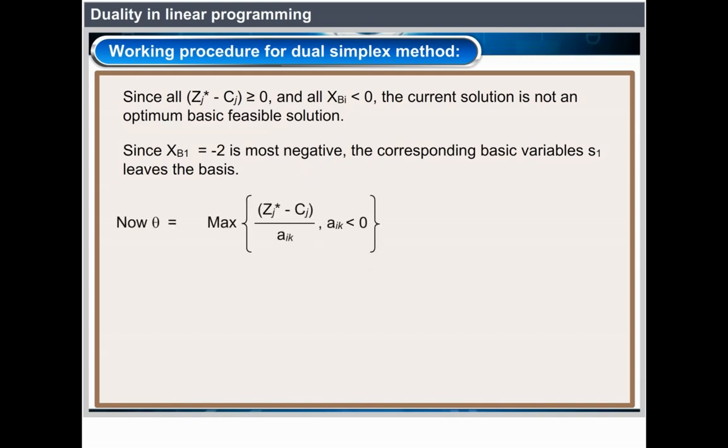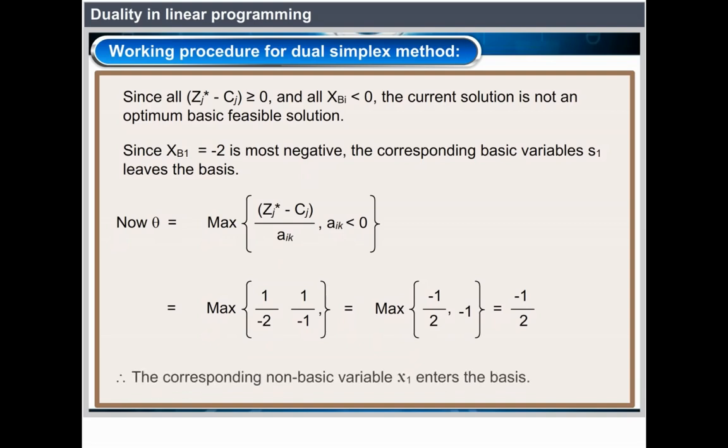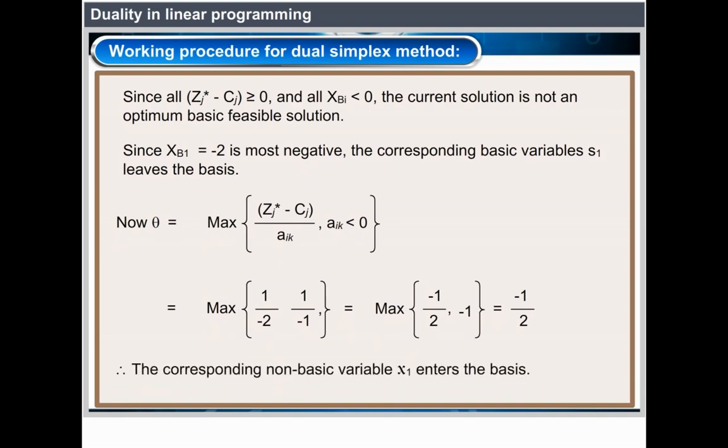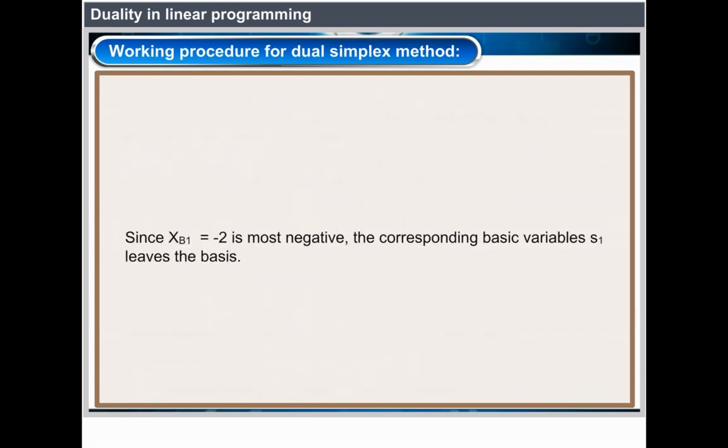Now theta equal to maximum of Zj star minus Cj divided by aik, where aik less than 0, which is maximum of 1 by minus 2, 1 by minus 1, equal to maximum of minus 1 by 2, minus 1, equal to minus 1 by 2. Therefore, the corresponding non-basic variable x1 enters the basis.